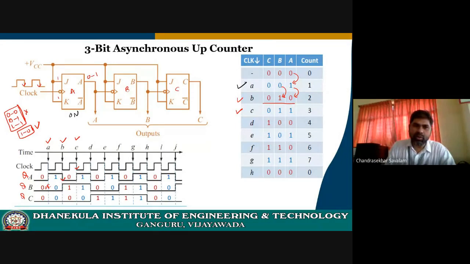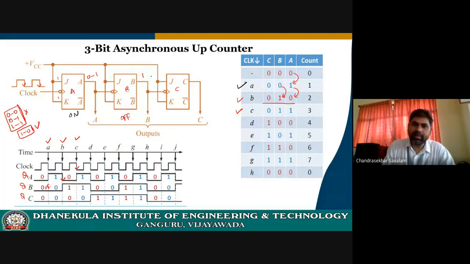Because 0 to 1, here the previous state is 1. See here, previous state is 1. Because 0 to 1 is off flip-flop. No, this is not the actual clock. See here, at this 0 to 1, this is not the clock for the B flip-flop.